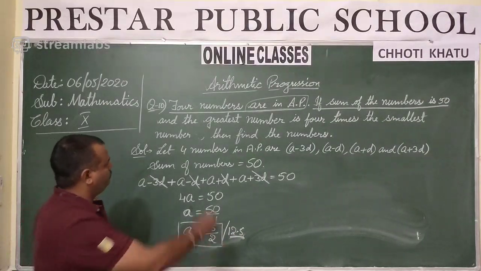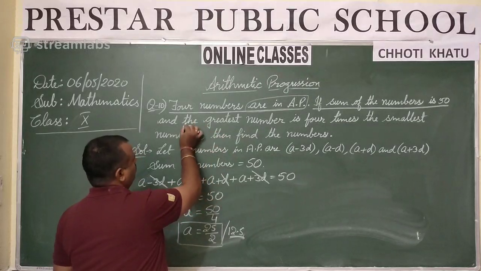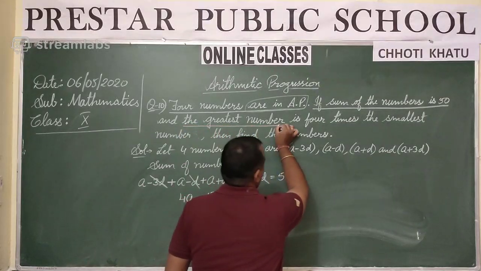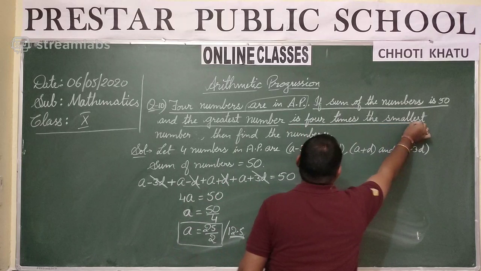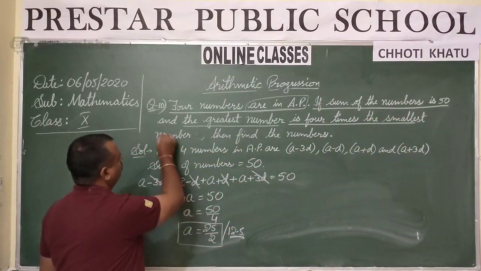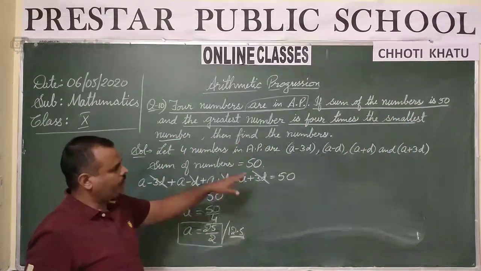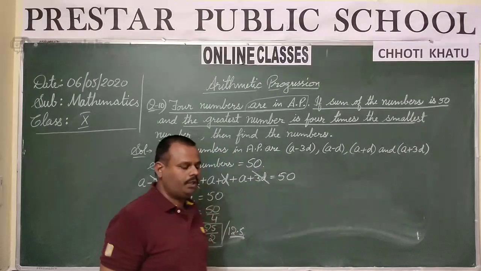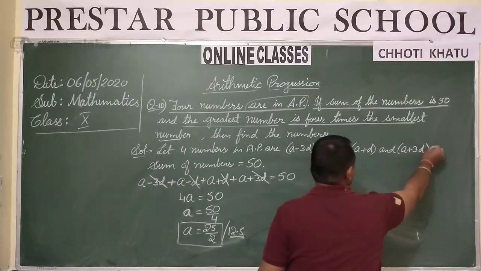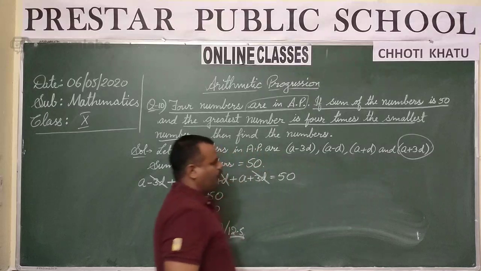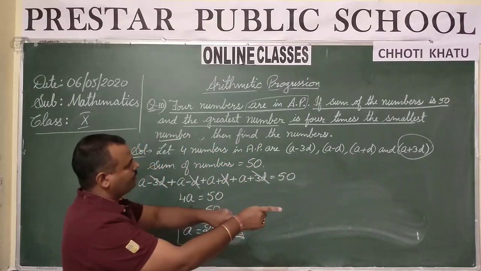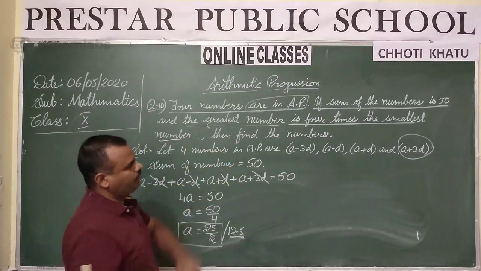Now, the second condition says that the greatest number is 4 times the smallest number. So out of these four numbers, which is the greatest one? The greatest is A plus 3D. So the greatest number is 4 times the smallest.